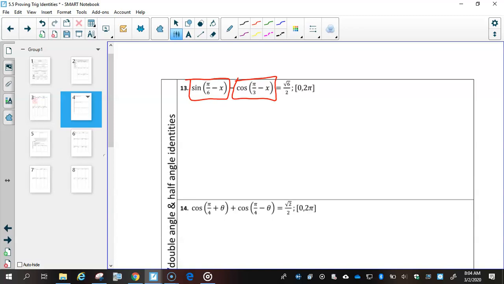So I'm going to do this one first. For your sine difference identity, sine comes first, then cosine of the second, the same sign, cosine comes next of the first, and sine comes last of the second.